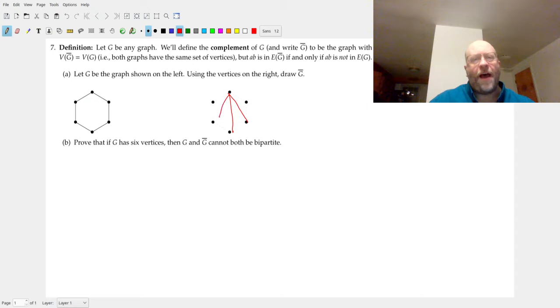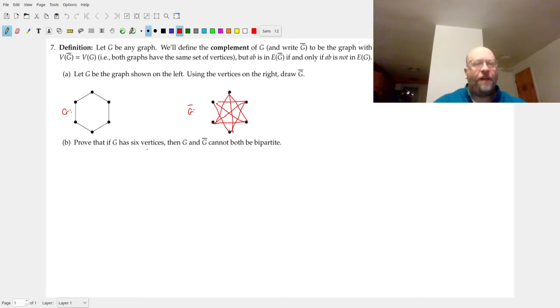So these 3 diagonals from the top vertex, and then from this vertex, and then from this vertex, and that one, and I think that actually gets all of the diagonals at that point. And so if this is G, then this is G bar.